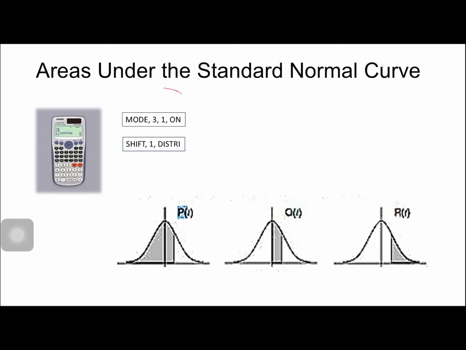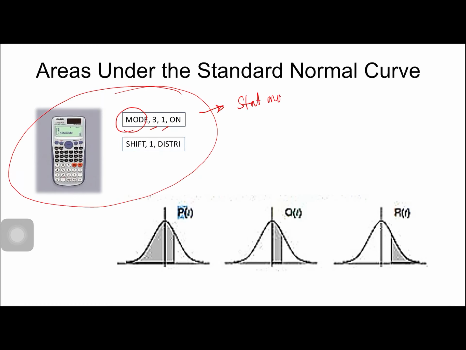Okay, so for the areas under the standard normal curve, it will be of great help if we are going to utilize the stat mode in our calculator. To do that, first, we have to press mode 3, 1, and then it's already in our stat mode.